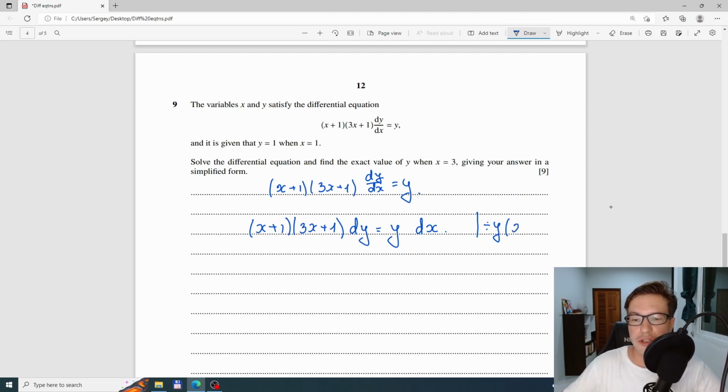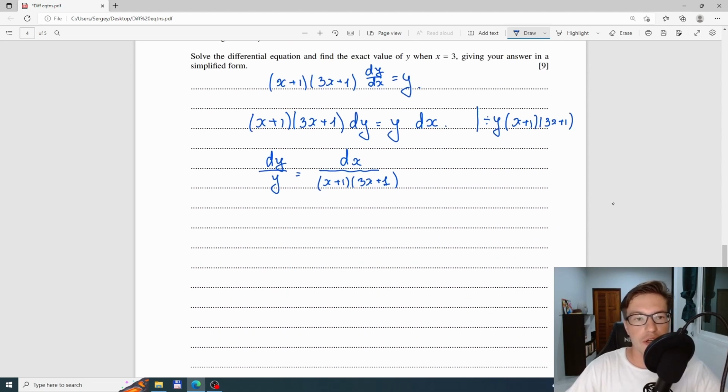And I'll also divide it by the two brackets with x. So I will get dy over y equals dx over the two brackets. Okay, so now I have y and dy on the left, and then everything with x and dx on the right side. So that means the variables are separated, and we are ready to integrate.